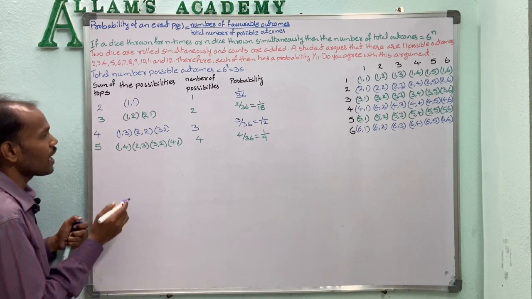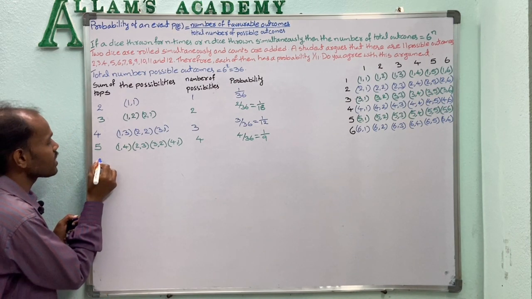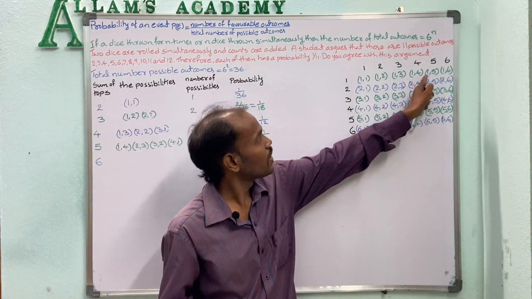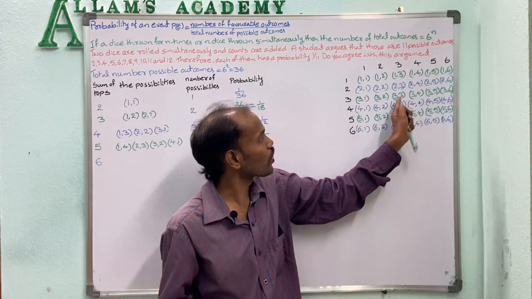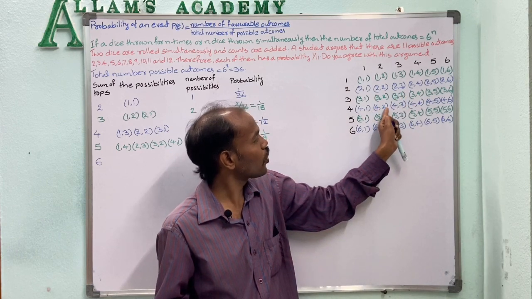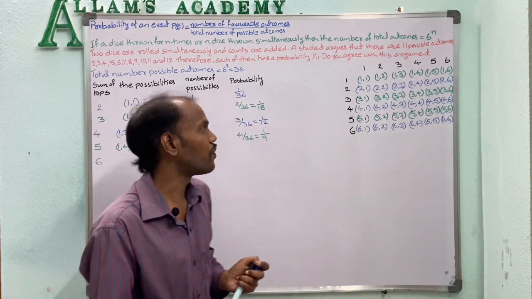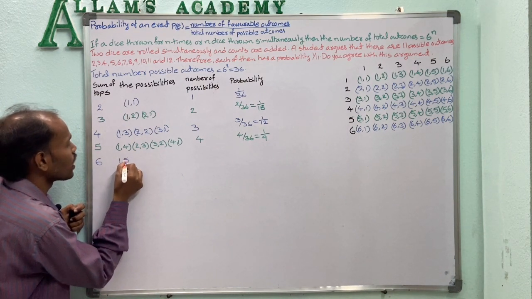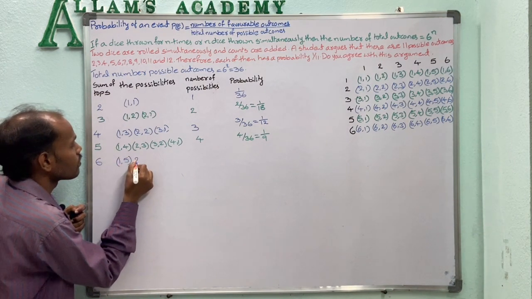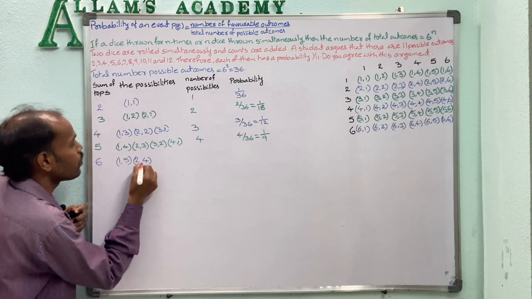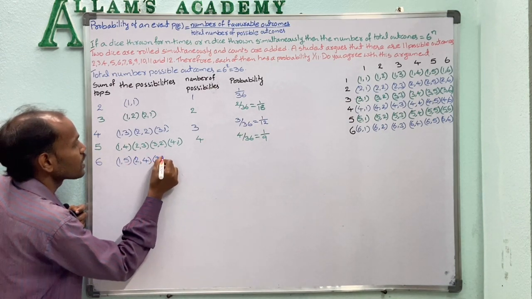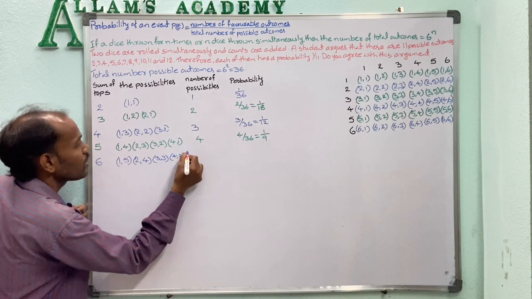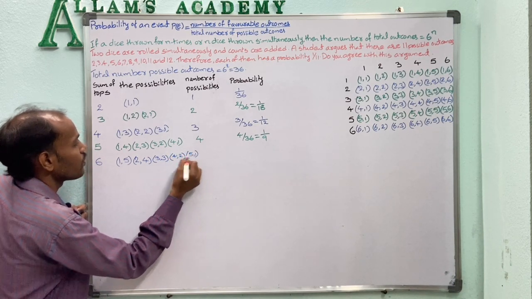Next, if the sum of the top faces is 6, the chances are 1 5, 2 4, 3 3, 4 2 and 5 1.